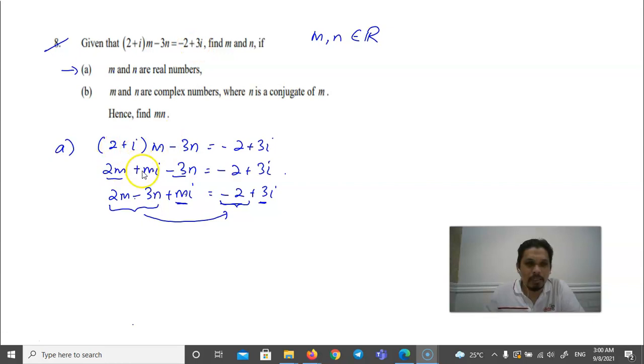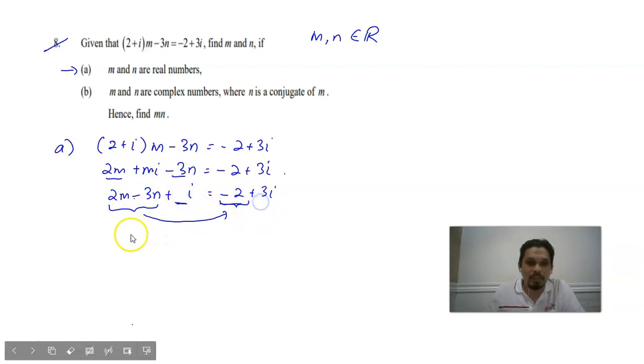So we compare this m with 3, then m equal to 3.